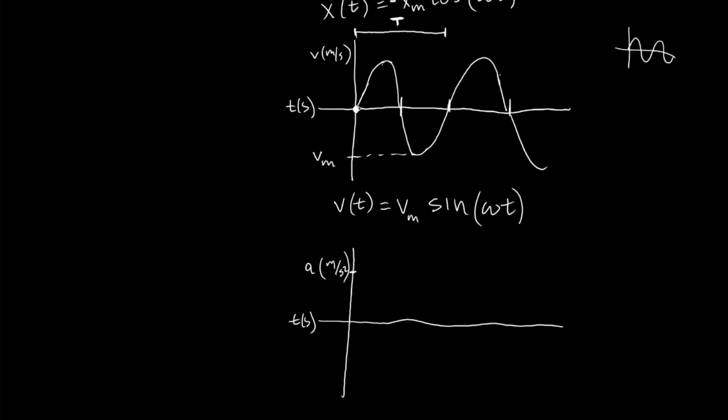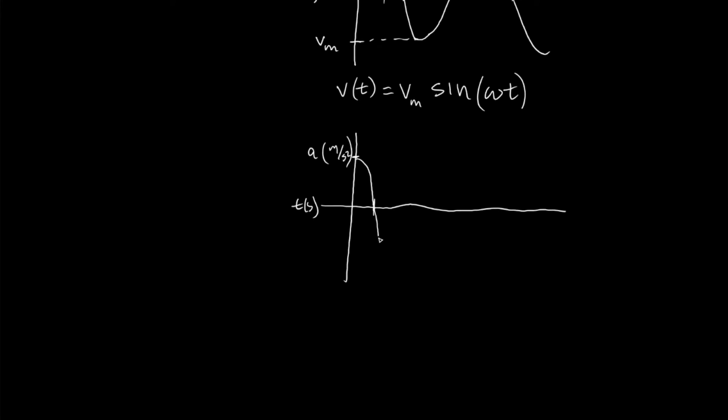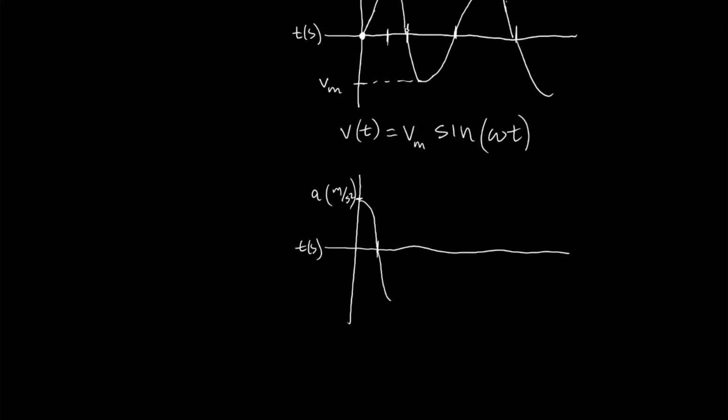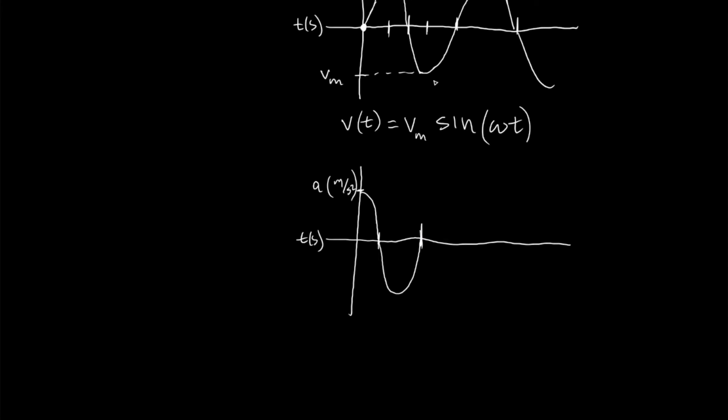We're going to trend with decreasing velocity towards zero acceleration right here. That's zero acceleration. Now we have negative acceleration, increasing in the negative direction to here. Then right here it starts going back to zero until there it has zero acceleration.